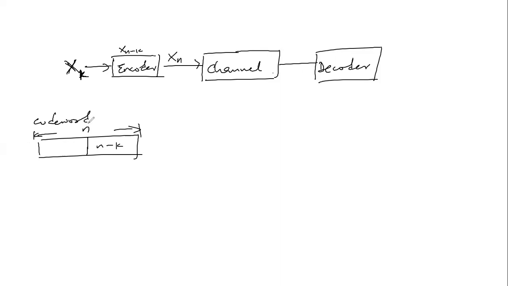So this is the k message bits, and this is the n minus k parity check bits.